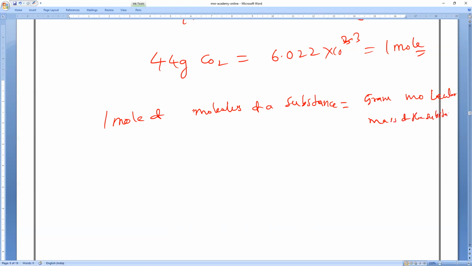Clear, everybody? Just converting, 1 mole of a substance equals its gram molecular mass.